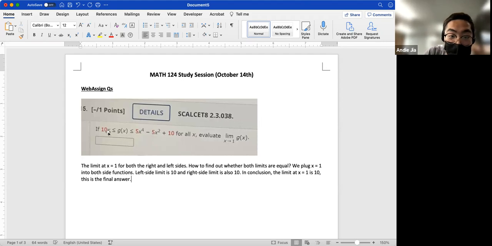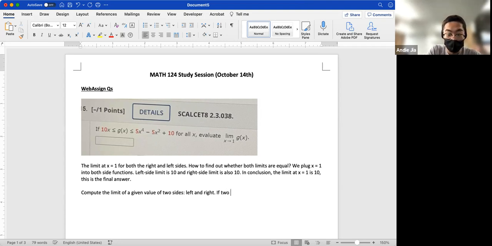If you see any question that has two functions, it's just asking for the two-side limit. So you compute the limit of the given value from two sides, which is from the left and right.